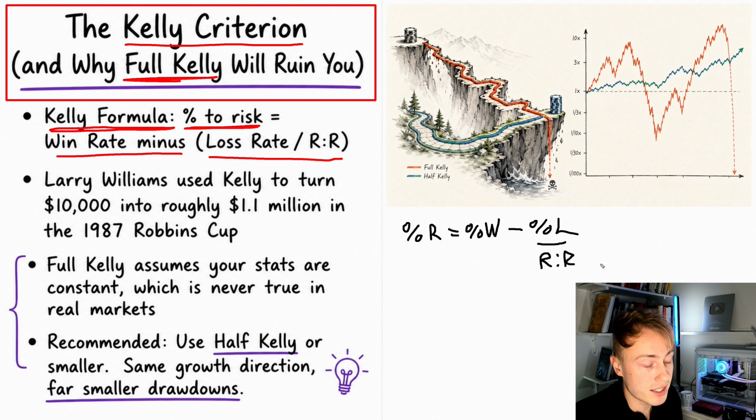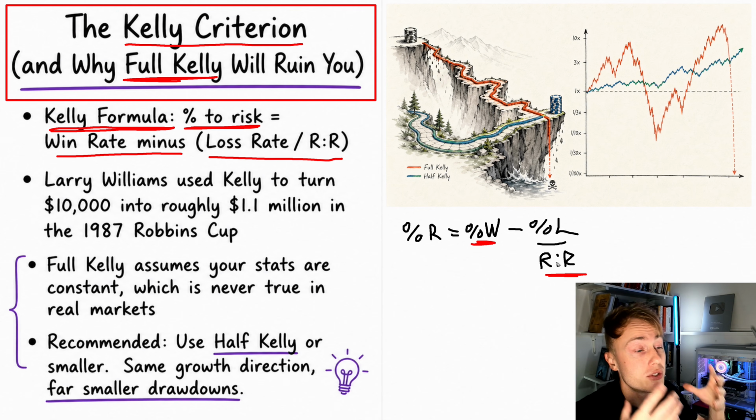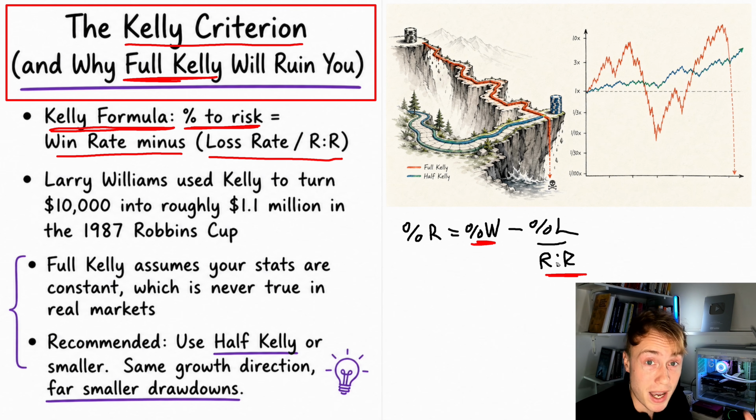And here it's very, very important: in order for this formula to work, even in theory, you need to have very good numbers for both your win rate and your risk to reward. So in order to use this formula, you need to have performed good back tests, so you actually have correct data on your win rate and lose rate and so on.